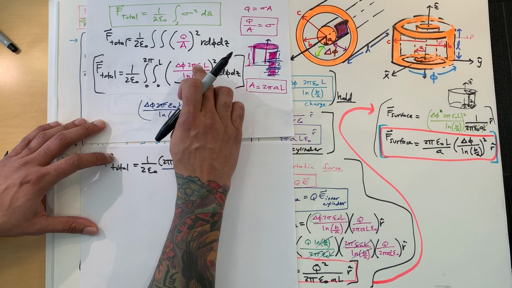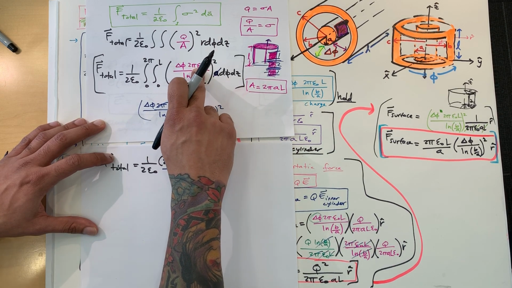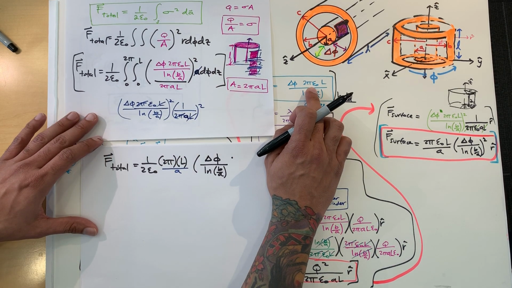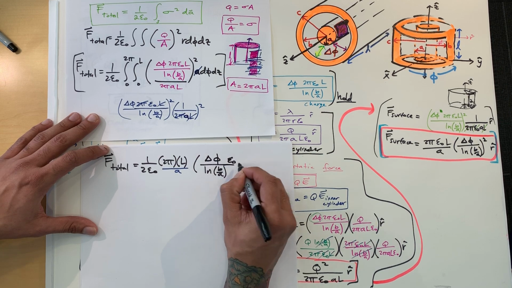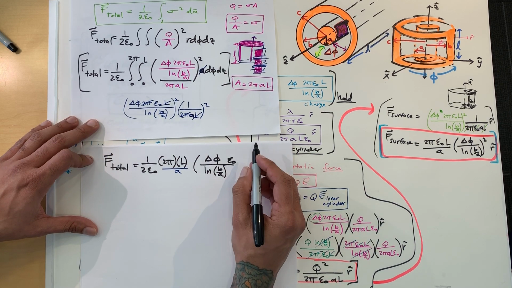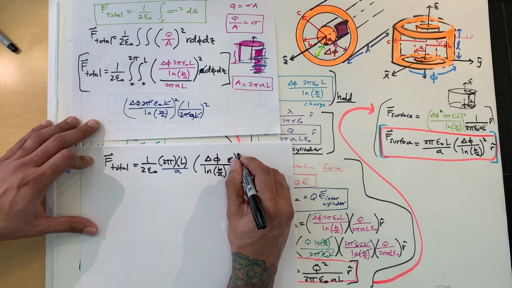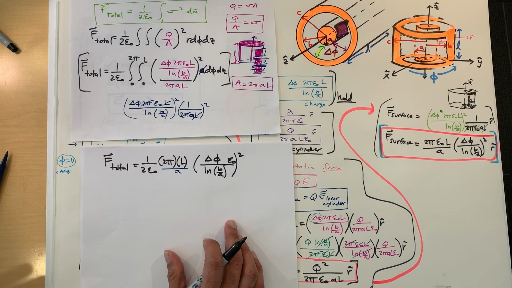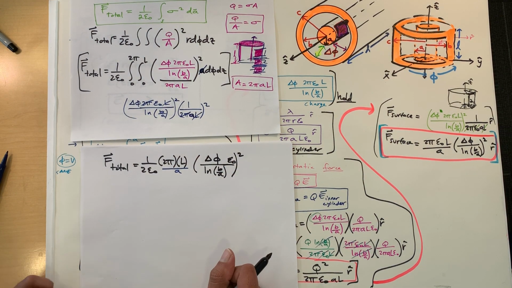Where is this epsilon naught coming from? It's over here. Okay, so I'm just going to write it here. Epsilon naught squared. Okay, all right, so now we're back.